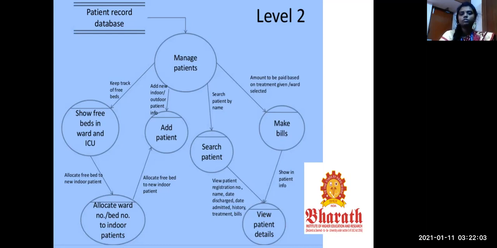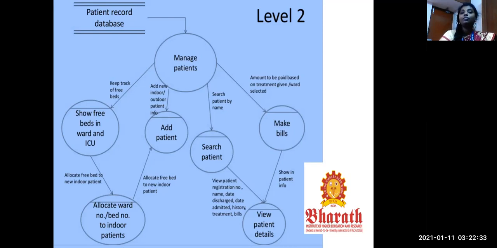All of those things can be searched. In the view patient's details, they can search the patient's details, and almost from top to bottom they'll have the entire detail, like registration number, name, date admitted, history, treatment, bills. All those things they can search in the view patient's details.